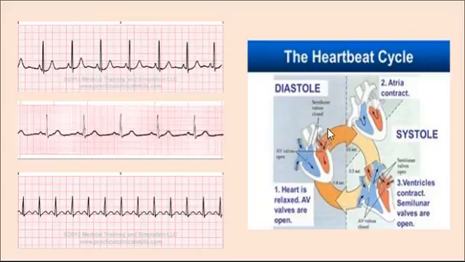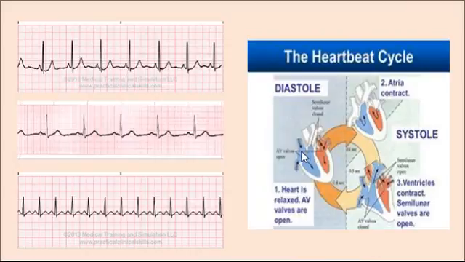The other valves are open, so you have your blood flowing out of the pulmonic valve on the right side of the heart going into the pulmonary vein. And then you have your aortic valve on the left side of your heart pumping into your aorta, also supplying your cardiac perfusion to the heart muscle itself.